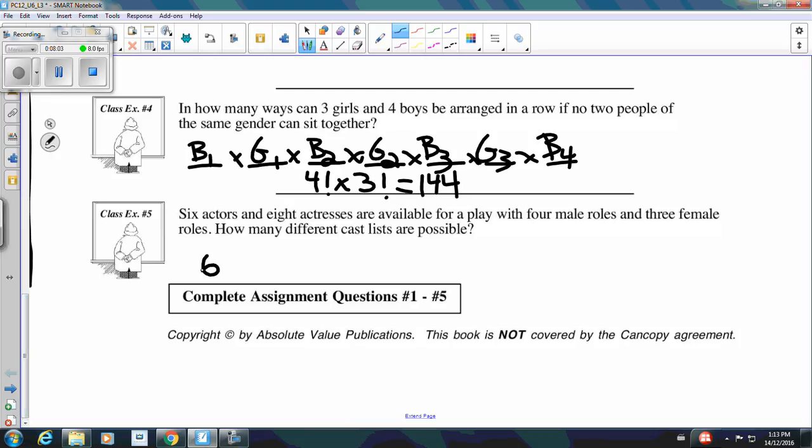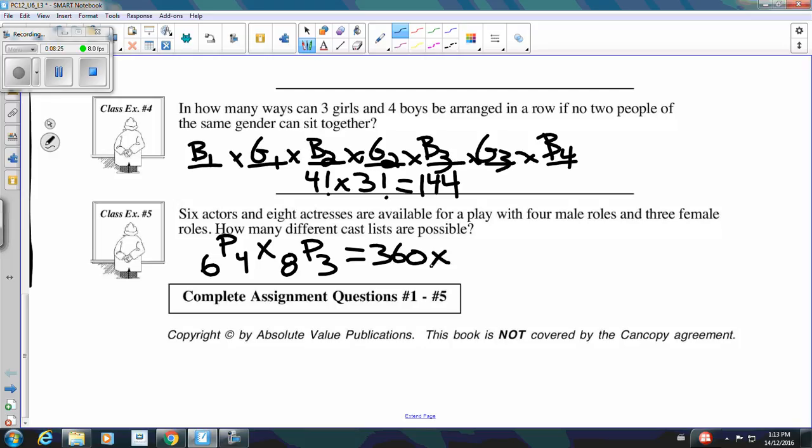So I have 6 male actors, and I need to place 4 of them in roles. And that means times, I have 8 female actresses, and I need to place 3 of them in roles. So again, you could use the fundamental counting principle for this as well.